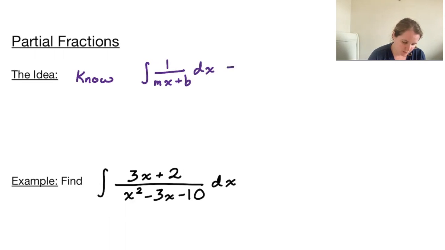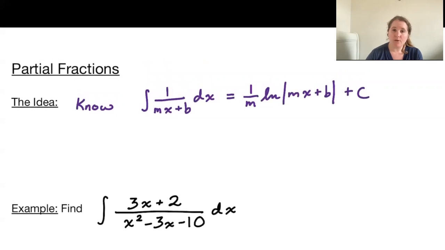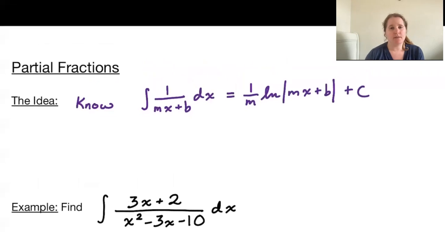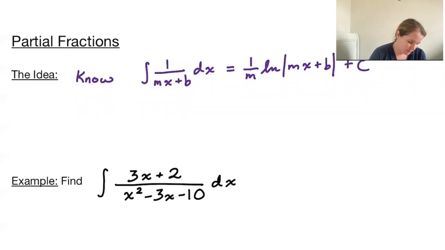This winds up being 1 over m times the natural log of the absolute value of mx plus b, plus c. So as long as we have our linear factor, we just have a natural log when we have a 1 over.